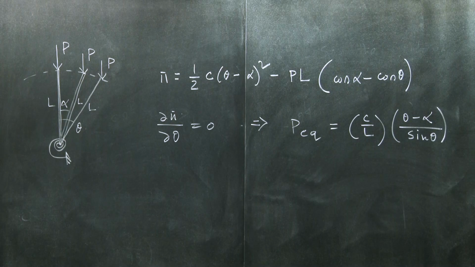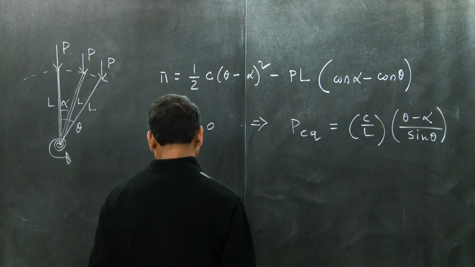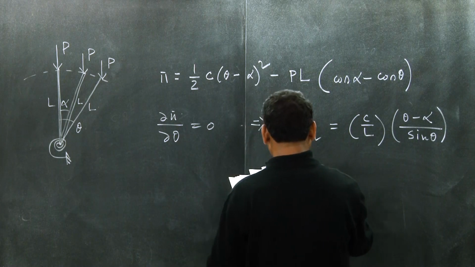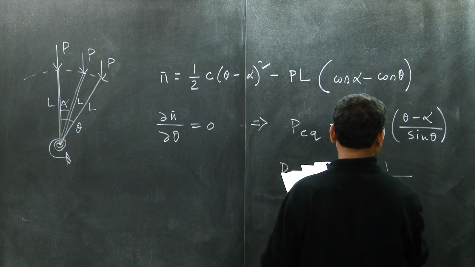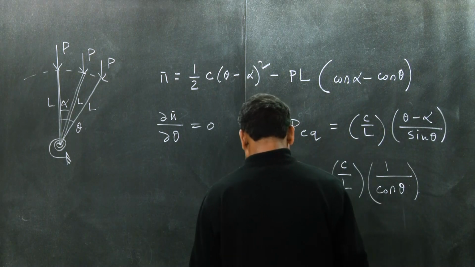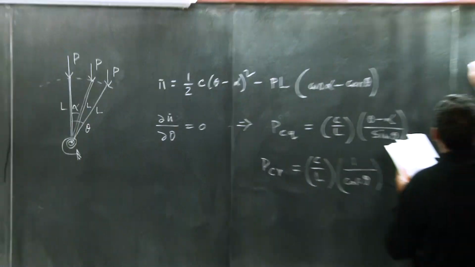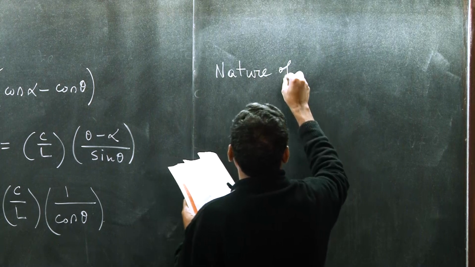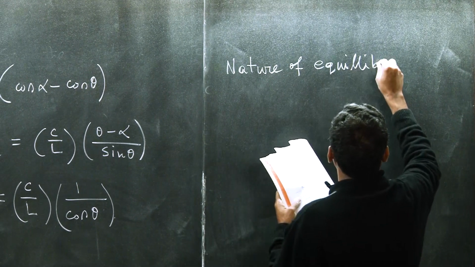And you will also see the critical load you can find out. The critical load will not depend on the imperfections, so it will have a similar expression as earlier, but now we want to find out the stable or unstable nature of the equilibrium, right? Higher order information, nature of equilibrium path.